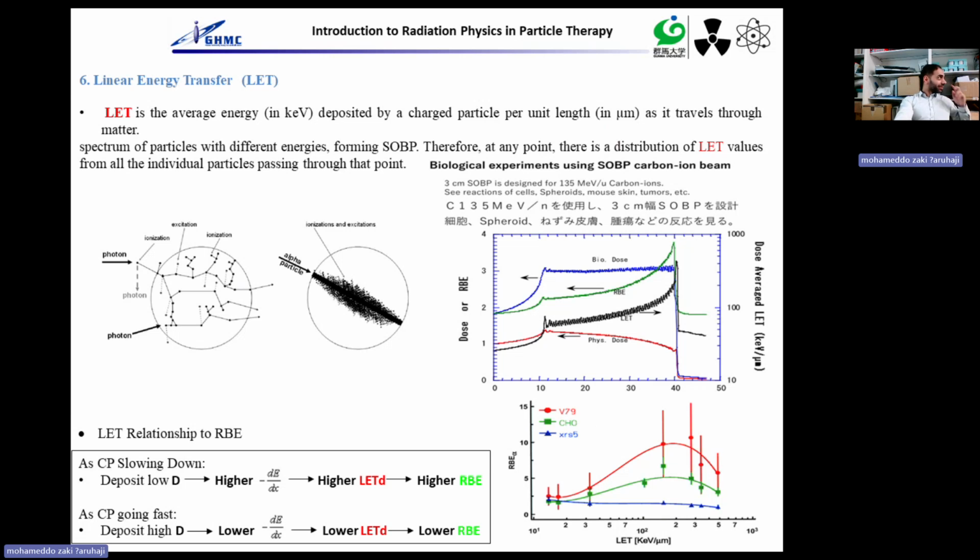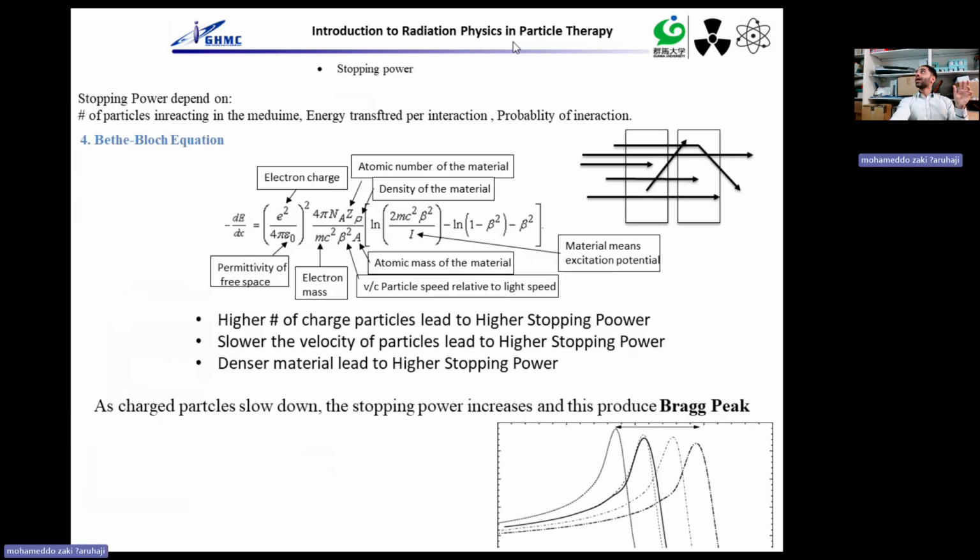You understand? Deposited by charged particle. This is LET. So the energy is the key thing.